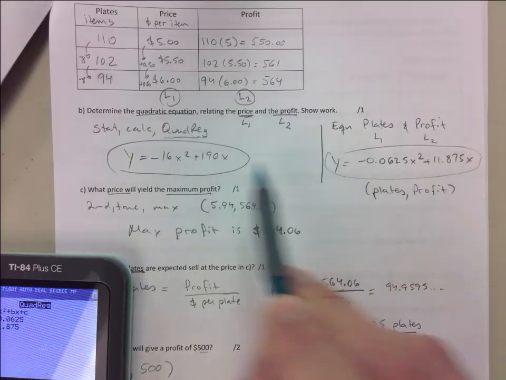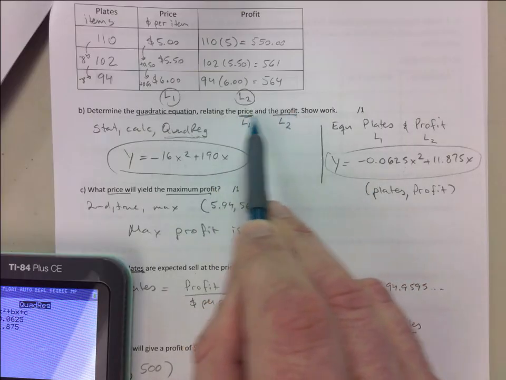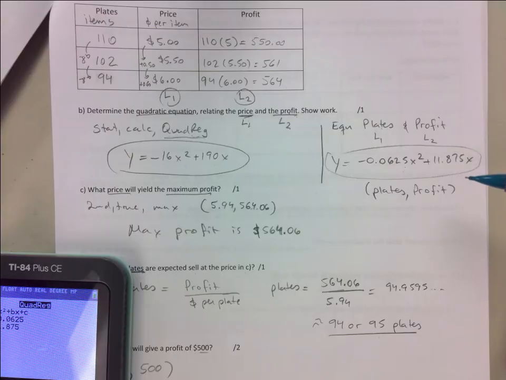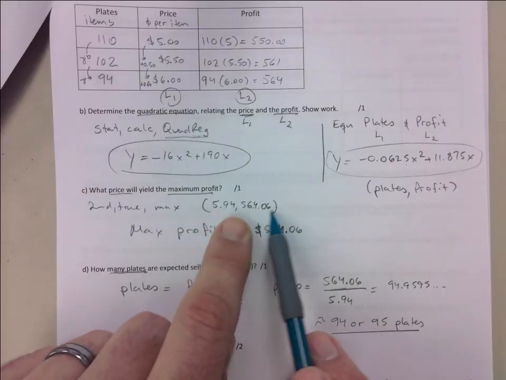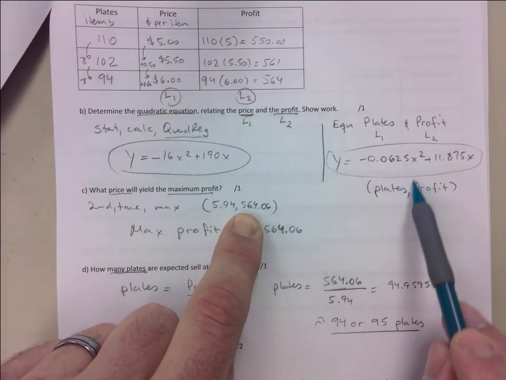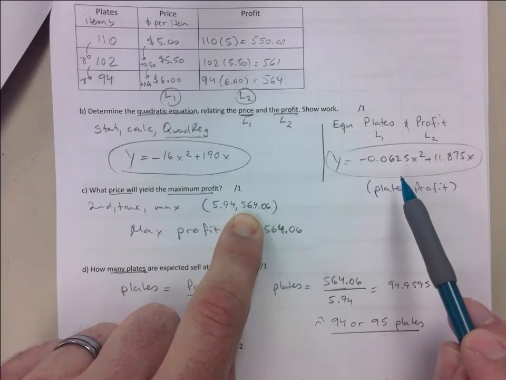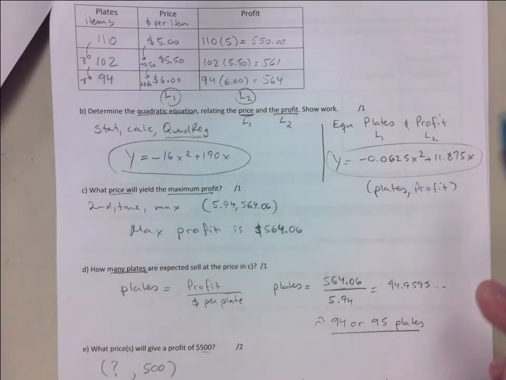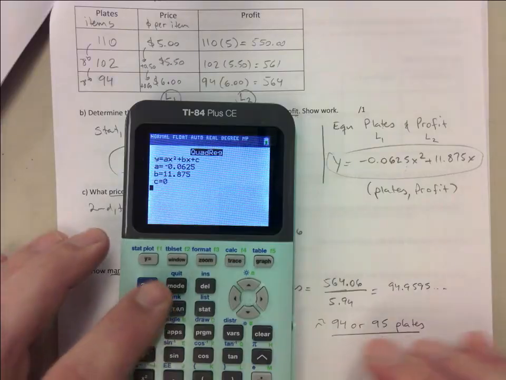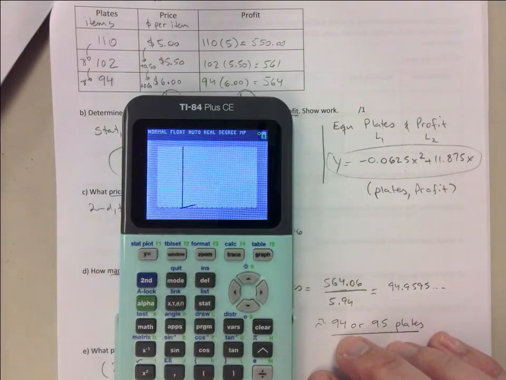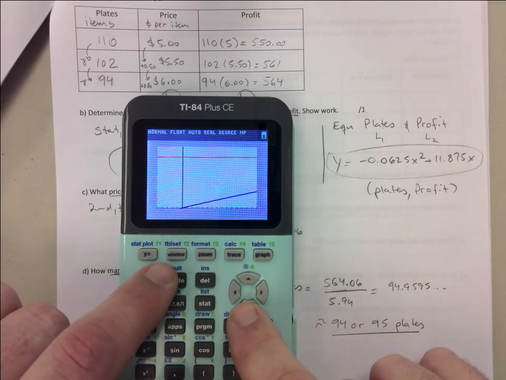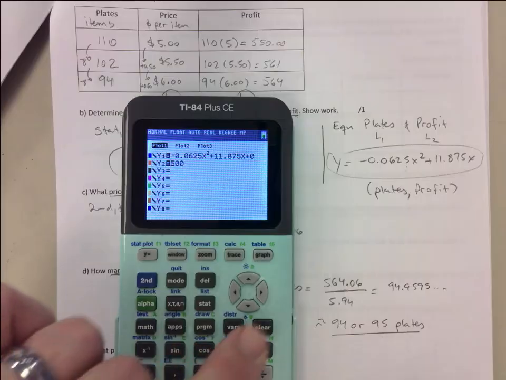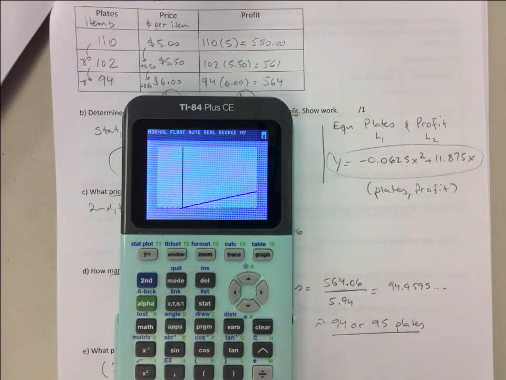So you have to read very carefully what the question says. By the way, the maximum profit that we got, the 564, will be the same here. You will get 564.06 as well. Let's graph this one. Wait a minute, it's completely different. It looks different, Mr. Erickson. Yes, because you have a totally different equation.